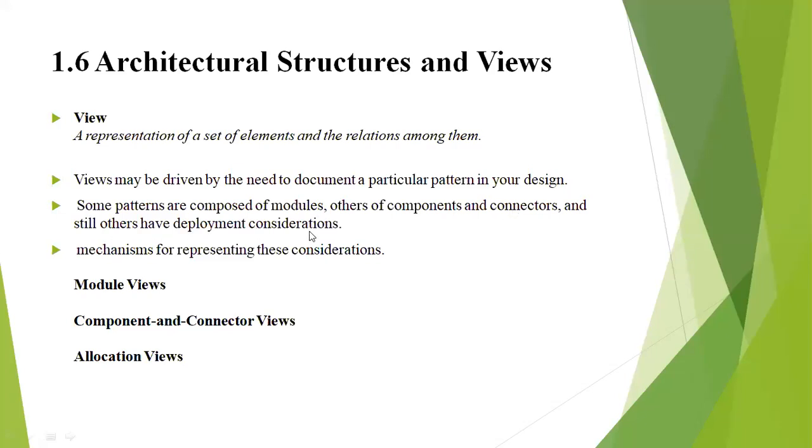Next point: some patterns are composed of modules, others are components and connectors, and still others have deployment considerations. What is the pattern here? Actually, we have discussed in the class: the description of an element is called a module. There are different elements here. Some turn into modules, some turn into components, and between components we need connectors to join them.